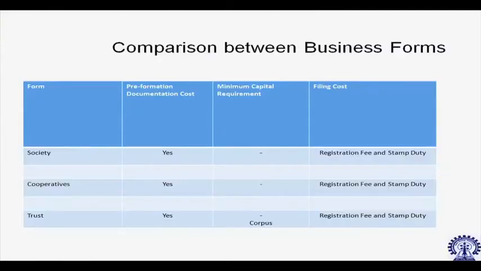In case of the trust, there is no minimum capital requirement, but a trust is always based on some corpus, and the corpus is quite sufficient to benefit the beneficiaries. That means the capital in case of the trust is quite an amount compared to other forms of business organization.